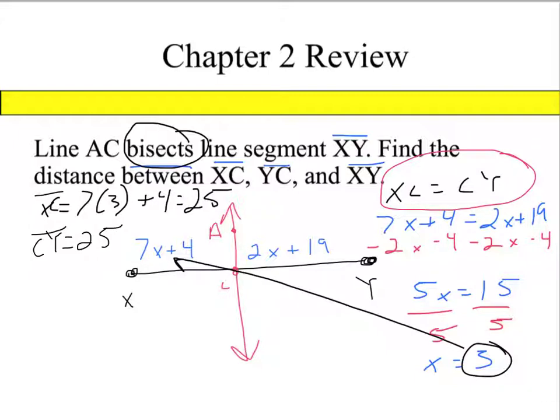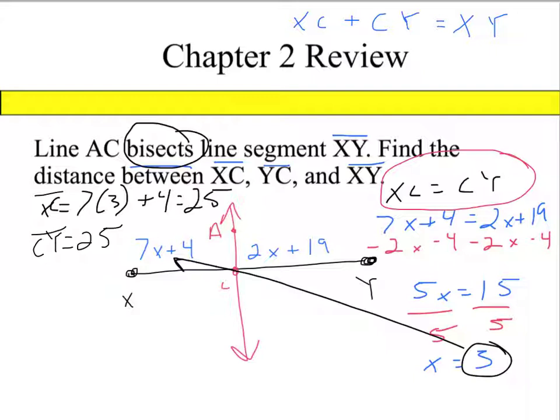Then we have XY. XY is the entire segment. We could plug in both equations, but we know that XY is going to be XC plus CY. That's the segment addition postulate. Remember that one.